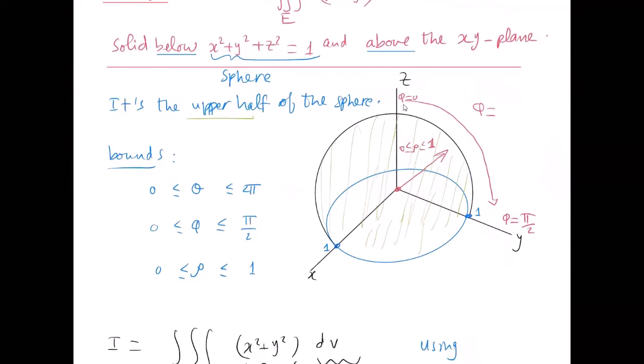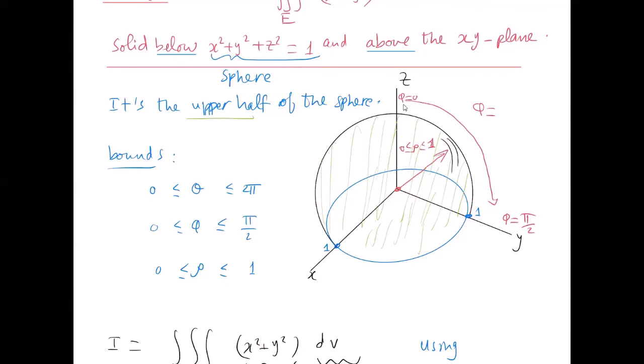We fix theta and phi and go from inside up to the surface, from the smallest rho. I meant rho from 0 to 1. Okay, rho, yes. Rho is from 0 to 1 to meet this sphere.